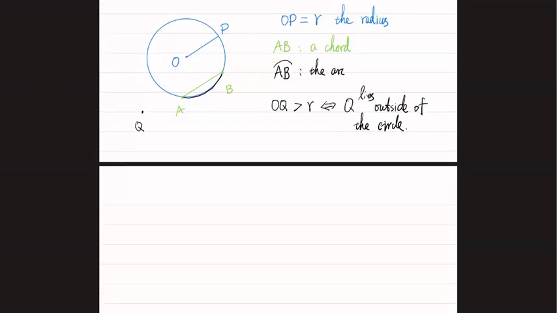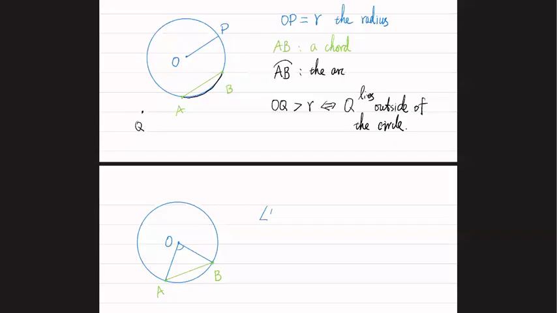Then given a chord, we can define two angles. The easy one, we connect the two points to the center. Angle AOB, the central angle.